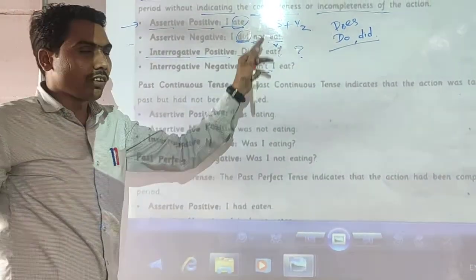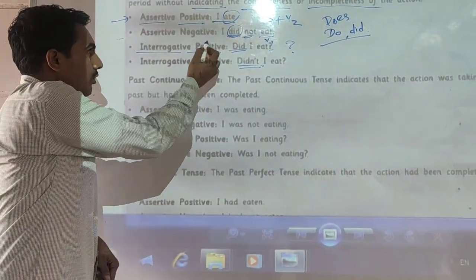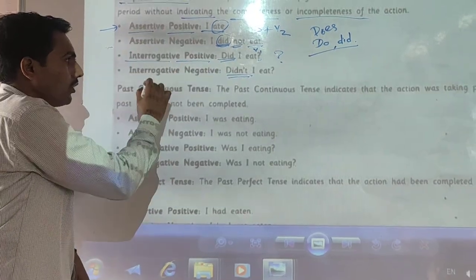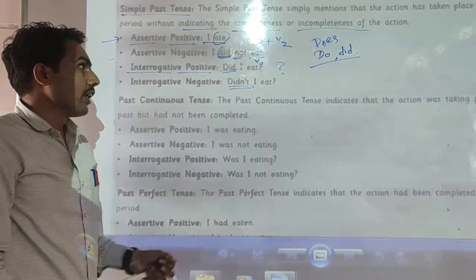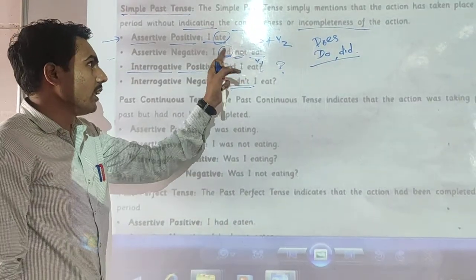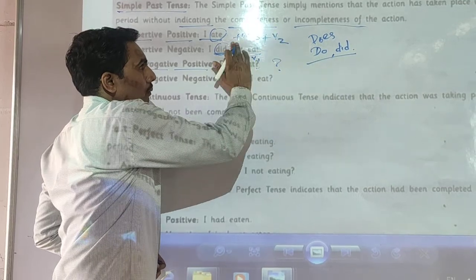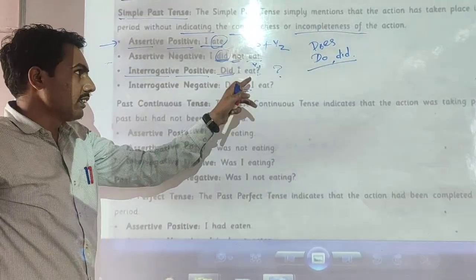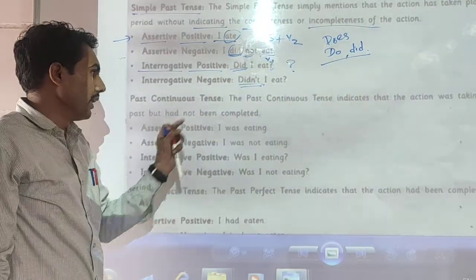In this way you can convert any assertive positive sentence into assertive negative, interrogative positive, or interrogative negative. I hope that you will understand. You can remember this. There is only subject and verb. You can attach also object or complement according to sentence meaning or sentence structure, okay.